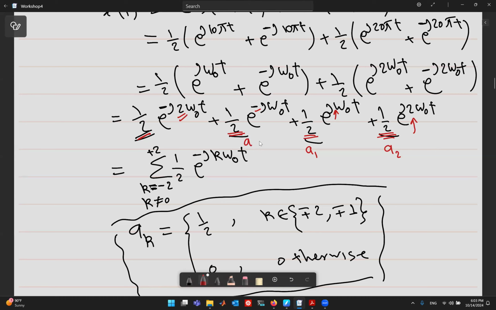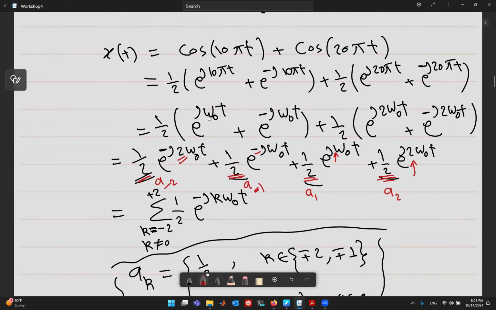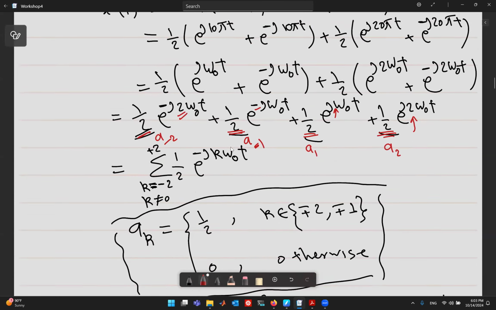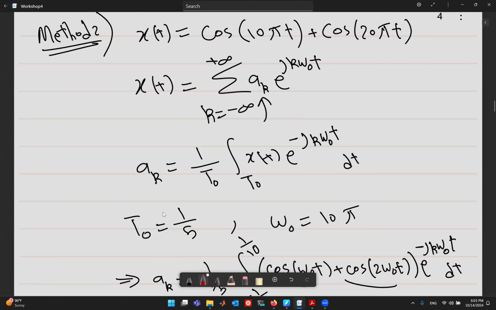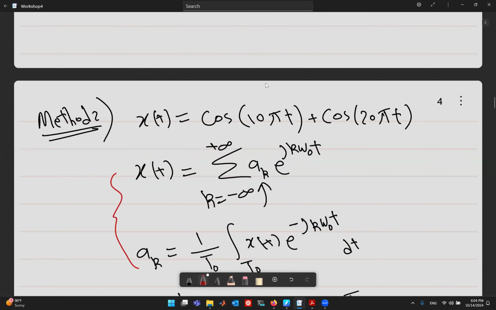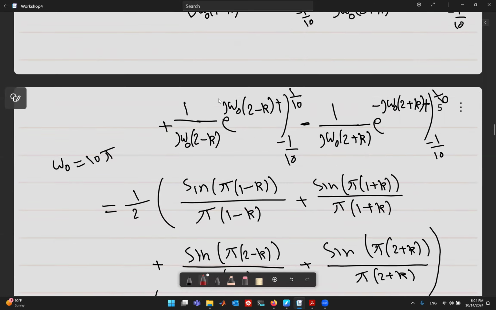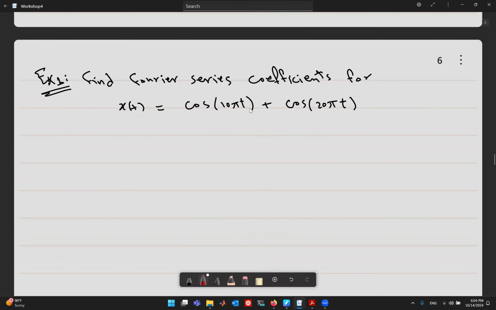This one is A-1, and this one is A-2. Okay. Just by applying Euler's formula directly. You shouldn't use the second method, which is applying the definition. Don't apply the definition if the function is as simple as this one. Now I have a second example, which is simpler than this one.